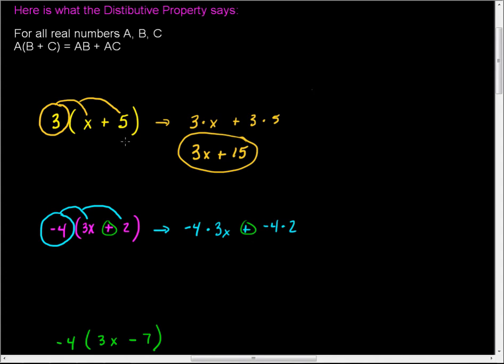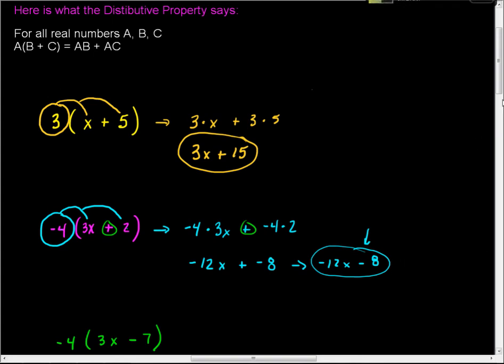Now, I'll show you a shortcut around that in the next one. But here I've got negative 4 times 3 is a negative 12x plus negative 4 times 2 is negative 8. We can rewrite that as negative 12x minus 8. And so this gives you a hint: we have negative 4 times positive 2, which gave us a negative 8. The signs and the operations can be interchanged.